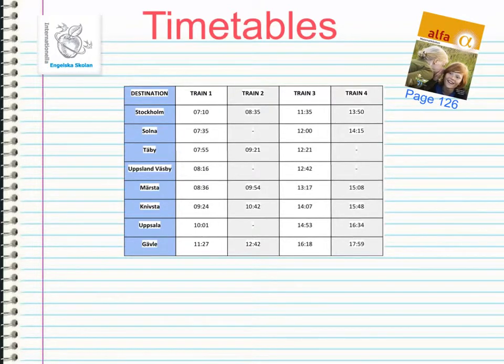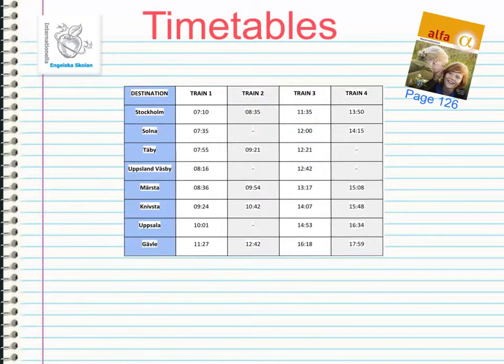For example, I can see that train 1 will be at Stockholm at 7:10 in the morning, whereas train 2 will be at Stockholm at 8:35. Train 3 will be at Stockholm at 11:35, and so on.